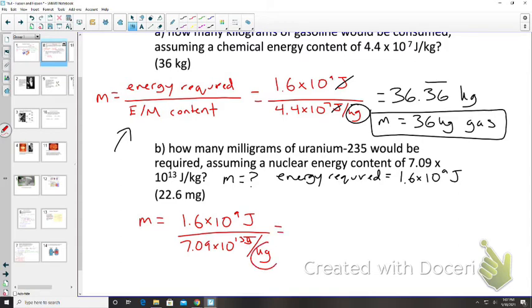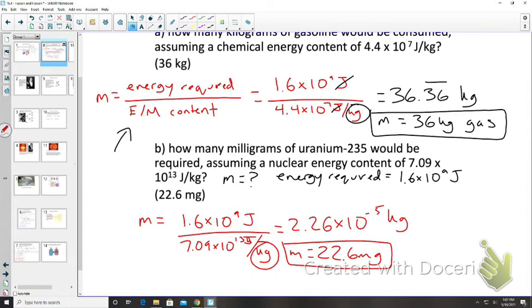That will leave us in units of kilogram, which is 2.26 times 10 to the negative 5 kilogram. And if we want to go from kilogram to milligram, we have 6 orders of magnitude. So this becomes 22.6 milligrams. So 8 orders of magnitude less fuel to get the same energy content.